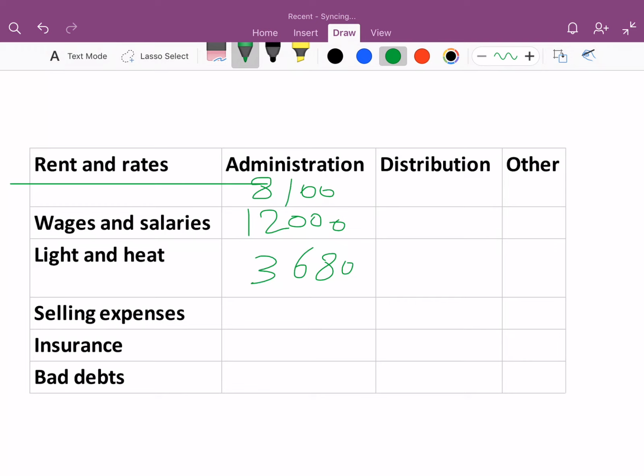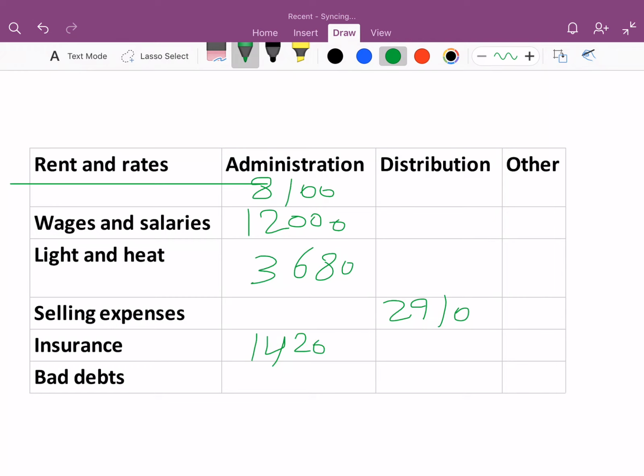And selling expense is a distribution. It really doesn't matter if you did this or not, because eventually we're going to add them up and write them as one number. So you don't have to do this, but I like to write it down so that I know which one is an administration or a distribution or an other.